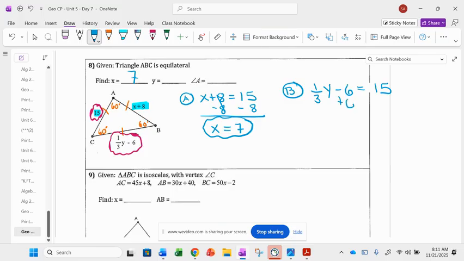So my first step is to add 6 on both sides. So now I have 1/3 y equals 21. What do I do now? Who remembers from pre-algebra how to solve this? Jonah?